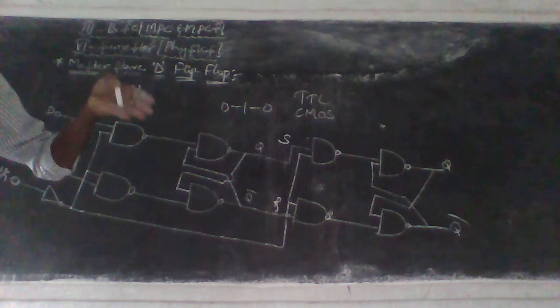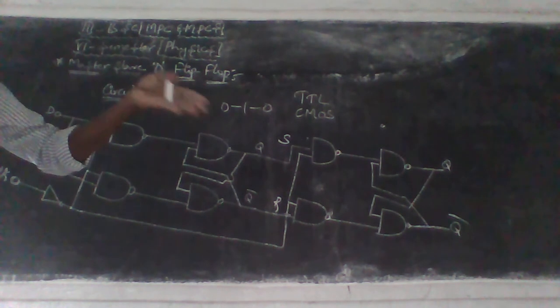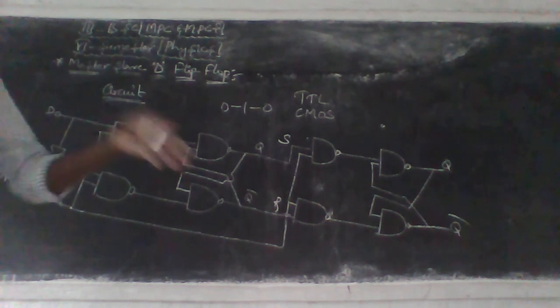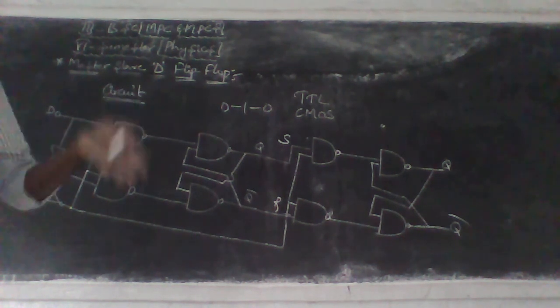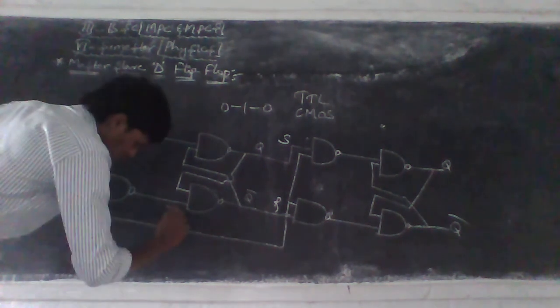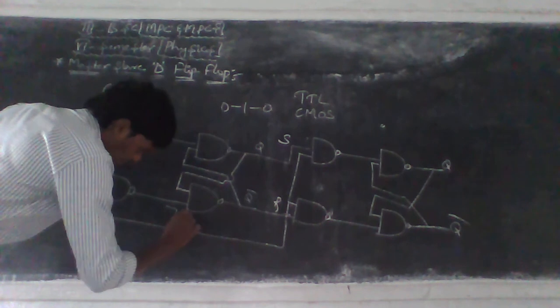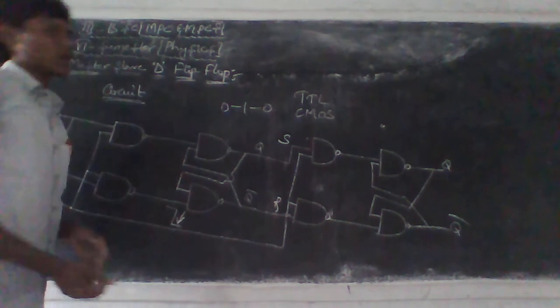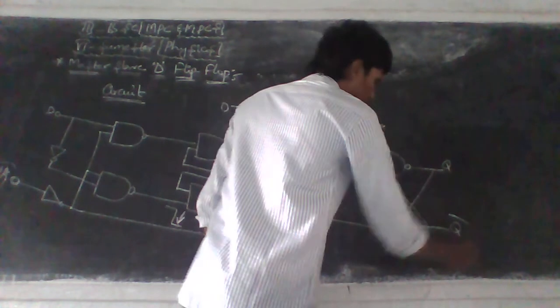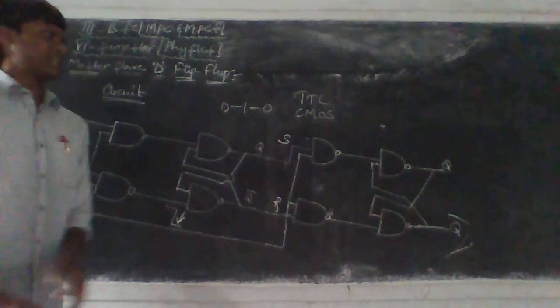The master follows the D input while the clock is high and latches the value of the input at the output of the master on the trailing edge of the clock pulse. Okay, so this is about the master slave D flip-flop.